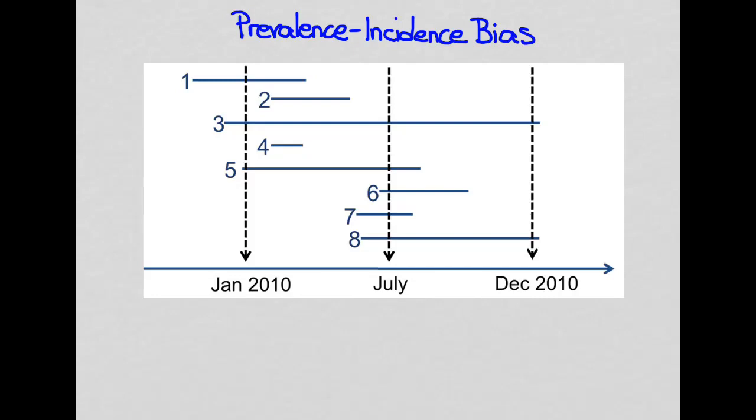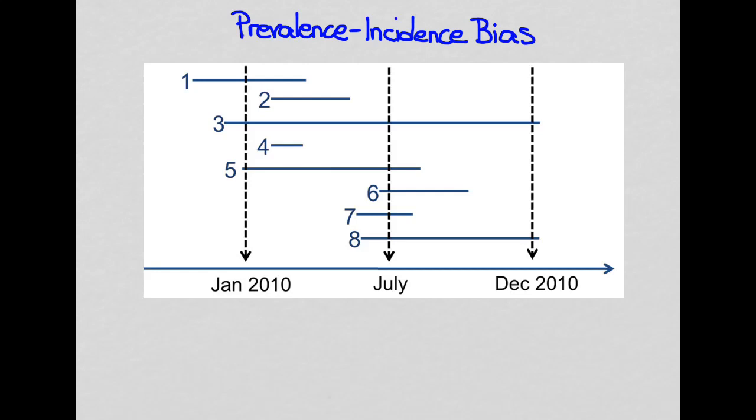So here's another depiction of the prevalence-incidence bias. Each of these lines is a different case of the disease, and it lasts for a particular time. So if the cross-sectional study was done in July, it's looking at prevalent cases rather than incident cases. So it would have missed cases 1, 2, and 4, which were the most severe cases.